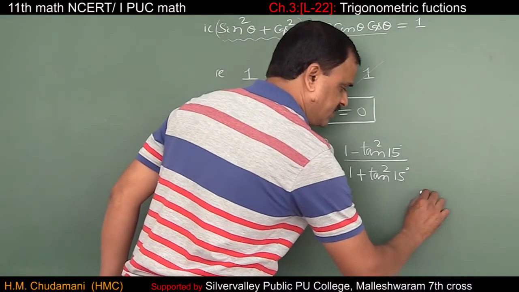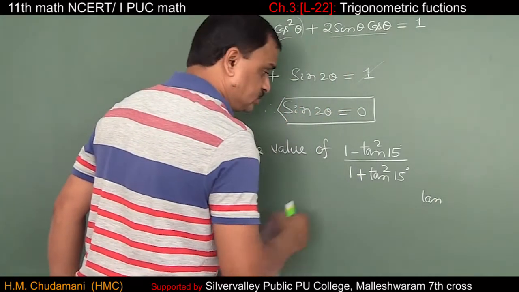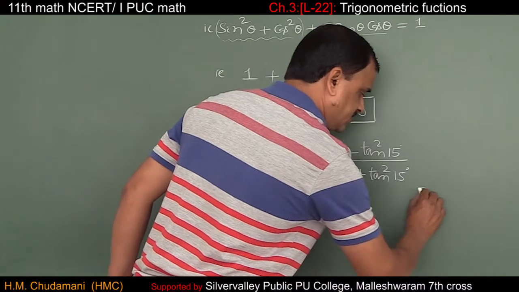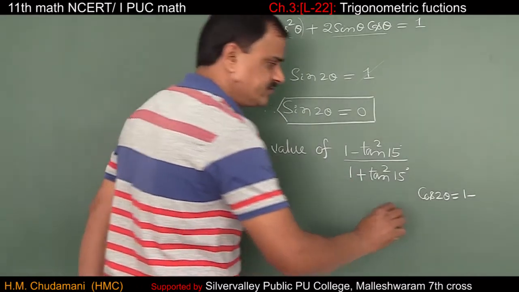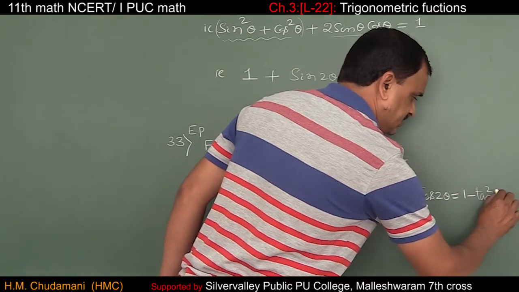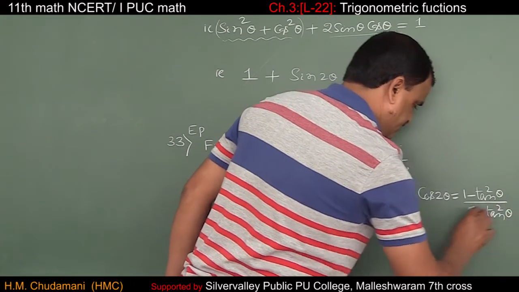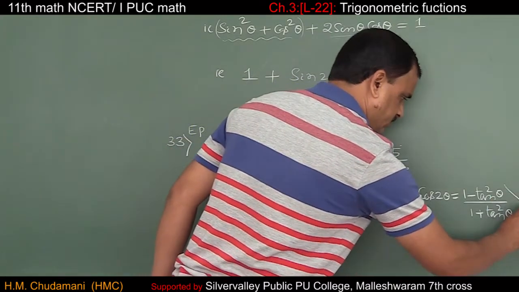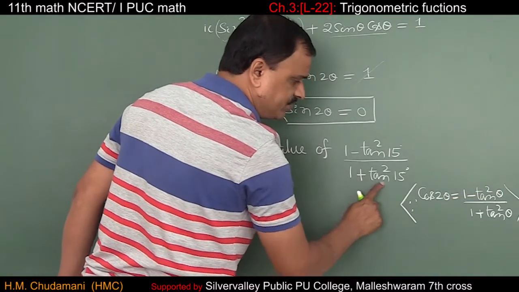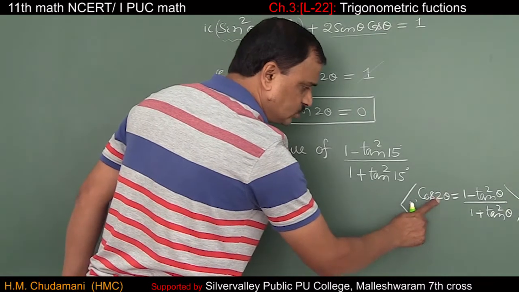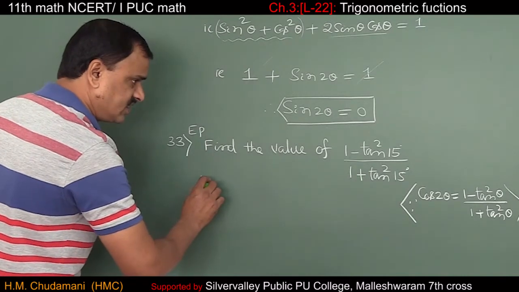See, we have a formula, cos 2 theta in terms of tan. Cos 2 theta in terms of tan means 1 minus tan square theta divided by 1 plus tan square theta. This is the formula actually. Here theta is 15, so 1 minus tan square theta by 1 plus tan square theta is cos 2 into theta, that is cos 2 into 15, that is cos 30 degree.